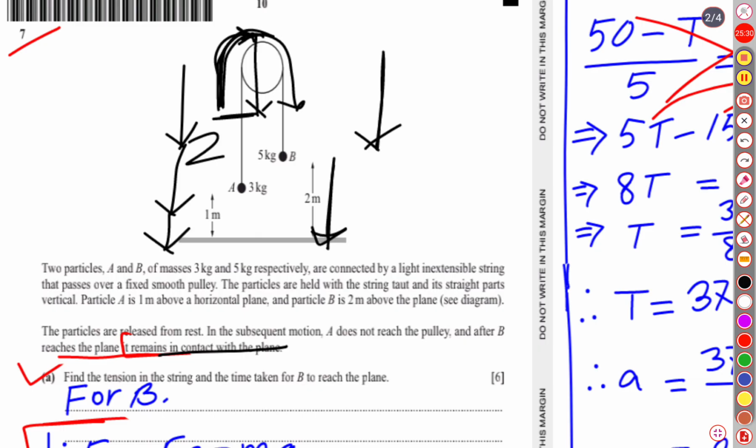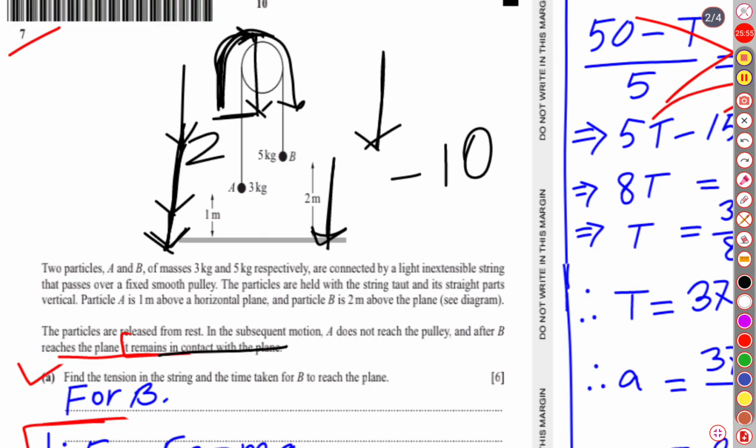Only weight is the force acting downward. The acceleration is acting downward while the particle was moving upward, so this acceleration is negative, and this is nothing but the acceleration due to gravity. That's why this is negative 10.